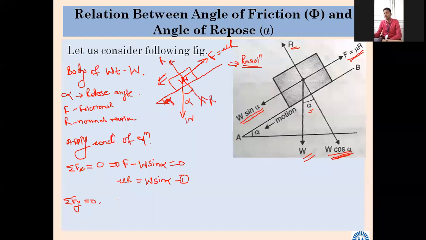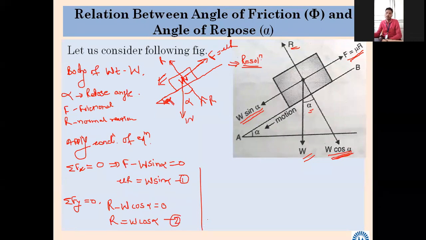How many forces are there perpendicular to the surface? Two: W cos alpha and R. Which do we consider positive and which negative? R is positive and W cos alpha is negative. So R is equal to W cos alpha, equation number 2.